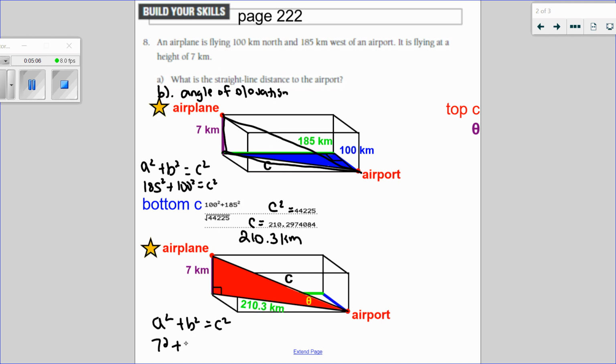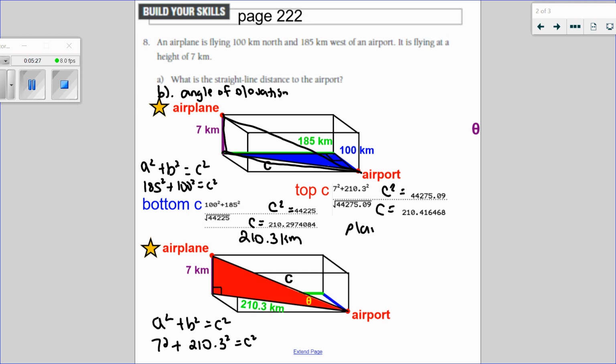So 7 squared plus 210.3 squared will equal my c squared. Putting that into my calculator to get what the top c is, this is c squared. And to figure out what c is, I take the square root. So the distance from the plane to the airport is 210.4 kilometers.